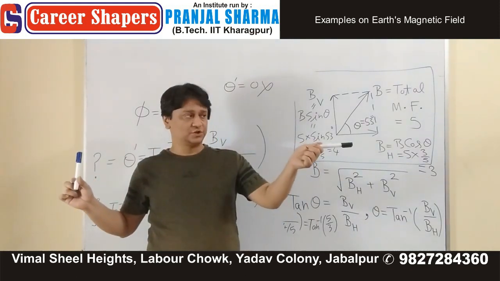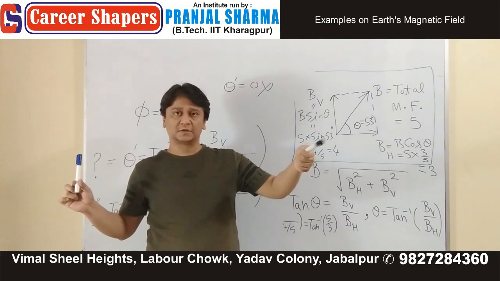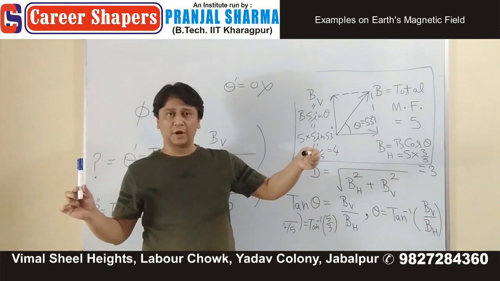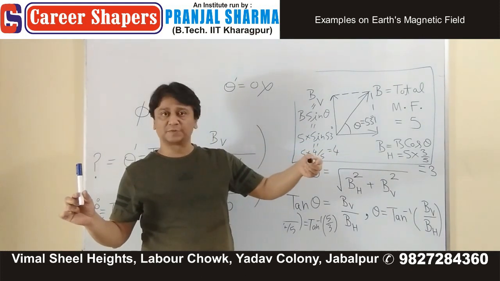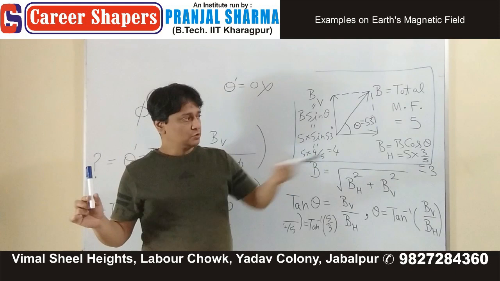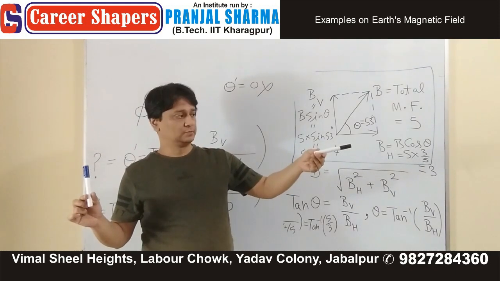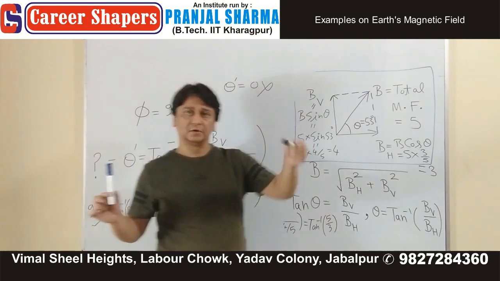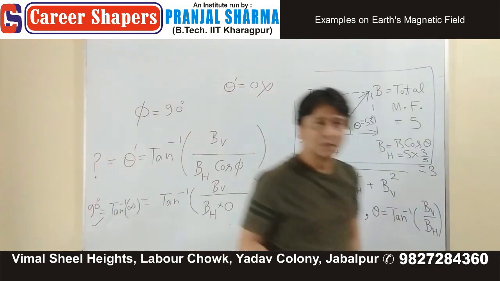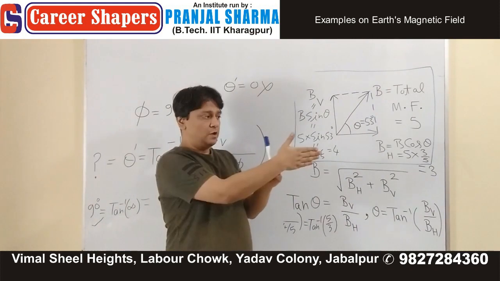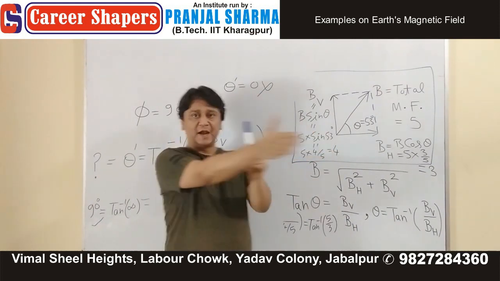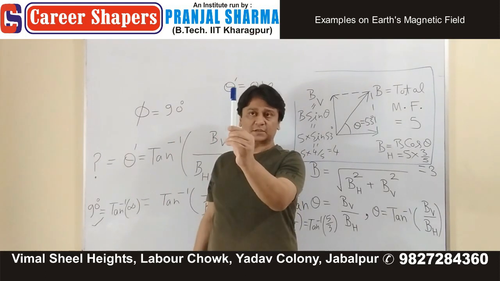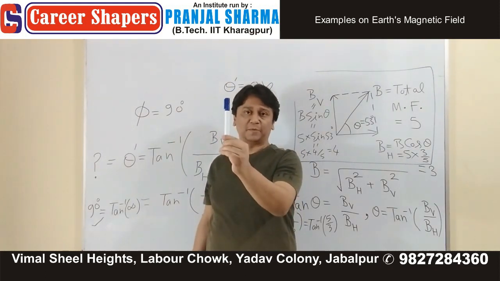This is BH. What about this? Any vector has no component in a direction which is perpendicular to it. So this BH has no contribution in this direction. This is gone. So when I rotate the compass by 90 degrees, only this BV will be present.